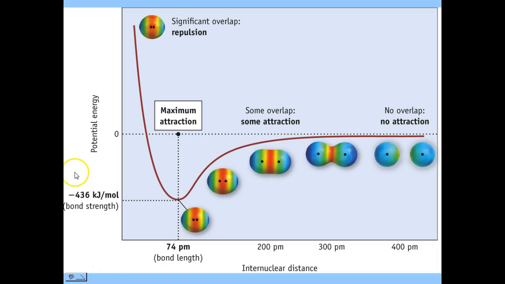Alright, there we go. So what you see here is that if they get super close to one another, you're going to have to provide a source of energy for them to want to stay in that close contact. So there's a lot of repulsion if they're super close. And if they don't overlap at all, then you're really not going to have any energy change because they're really not going to make a connection.